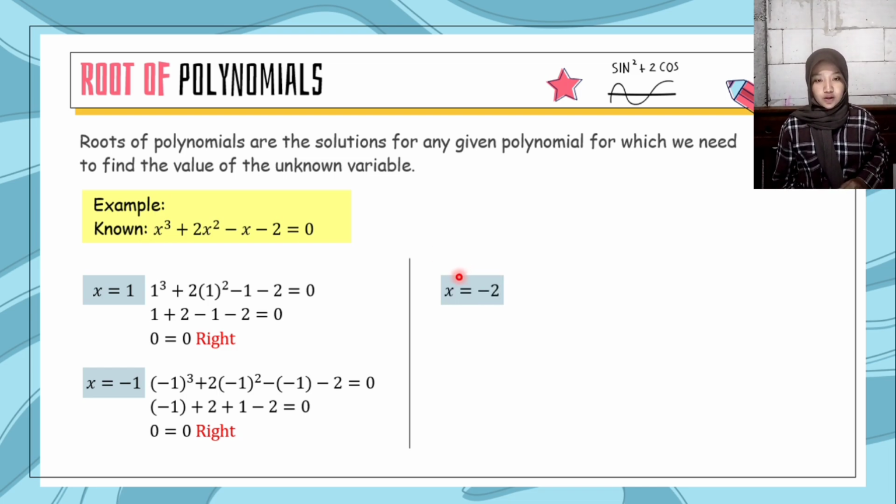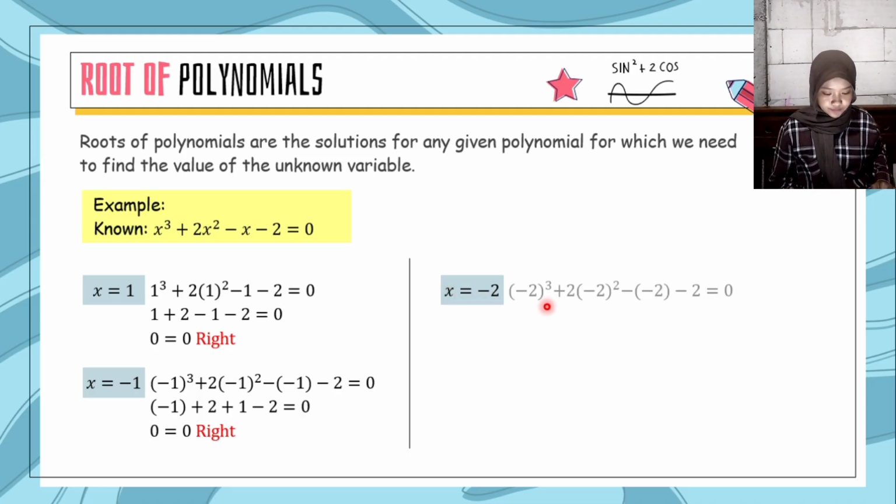Next, we will substitute x equal minus 2. So, minus 2 cubed plus 2 times minus 2 squared minus 2 minus 2 equals 0. So, minus 8 plus 8 plus 2 minus 2 equals 0.